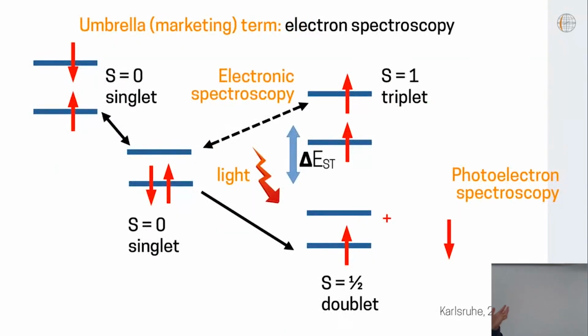There are chemists here, and you may find the term electron spectroscopy strange because it's not what we are used to. Typically people talk about photoelectron spectroscopy or electronic spectroscopy. We are not pretending to have redefined spectroscopic methods in chemistry. It's our marketing term, which we use for actually electronic spectroscopy and photoelectron spectroscopy. What's the difference?